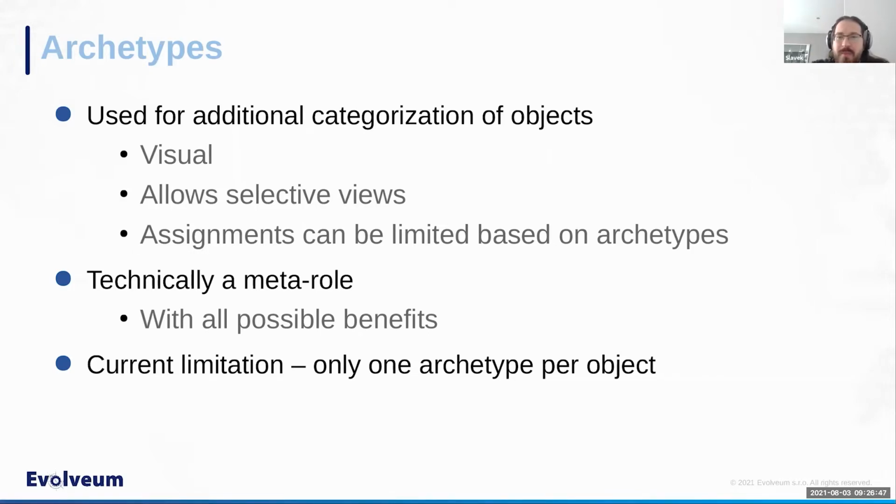All of this is possible. And you can also limit some assignments. So for example, I can define a role which can only be used for internal users or only used for devices, and the device might be an archetype of service. So all these combinations are possible.